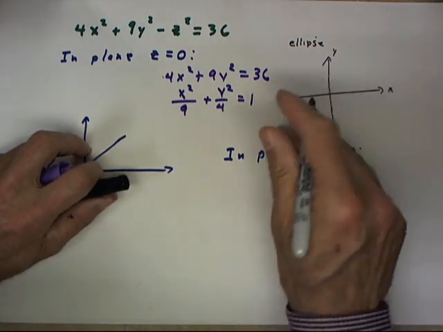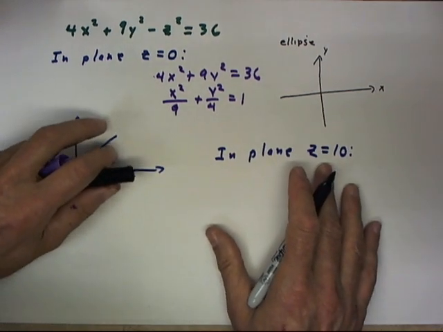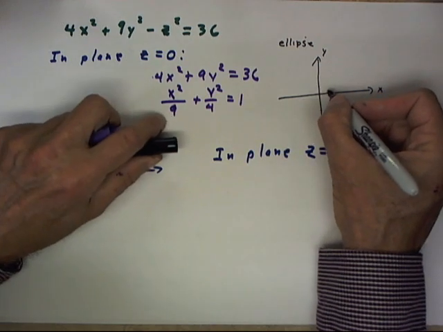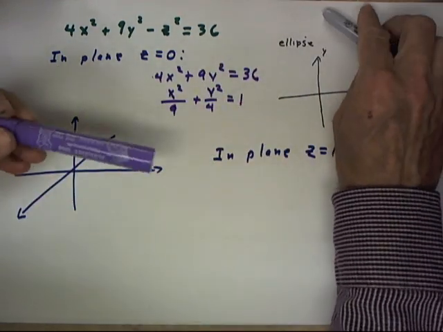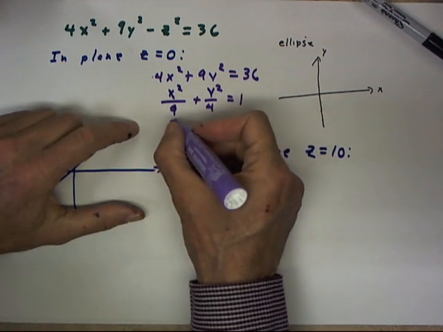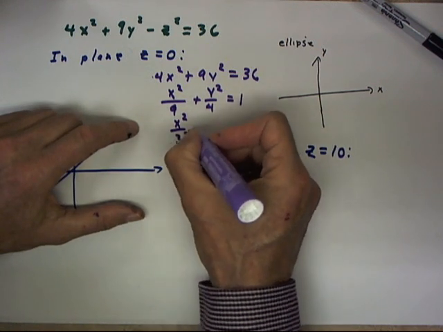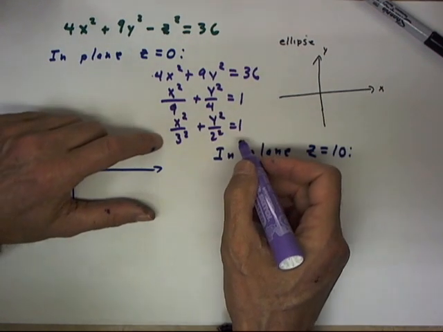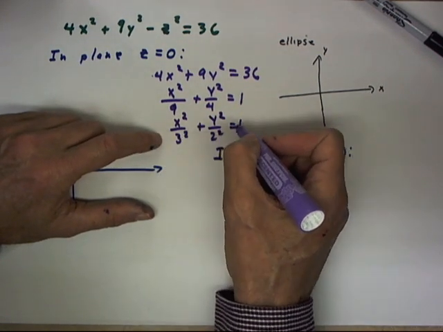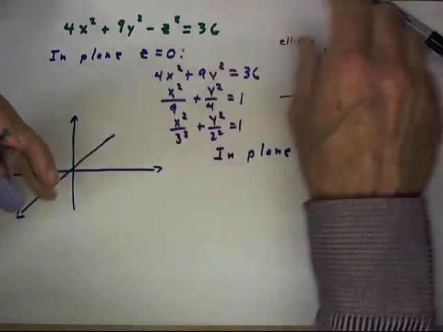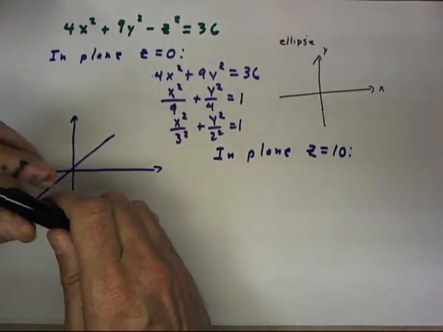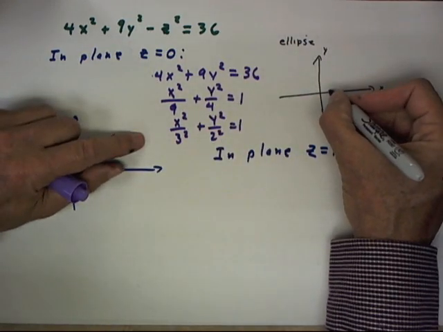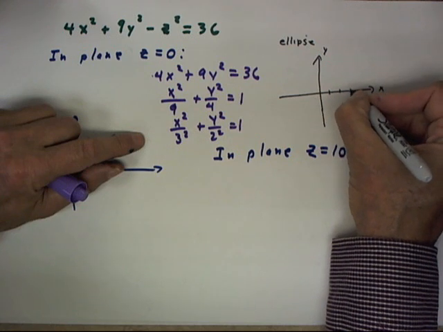If you recall the means of graphing an ellipse, let's back up for just a second and put this into the form x squared over 3 squared plus y squared over 2 squared equals 1. Now this is the form x squared over a squared plus y squared over b squared equals 1, something you should be familiar with. And again, if you're not familiar with this, you need to review as instructed earlier in the course.